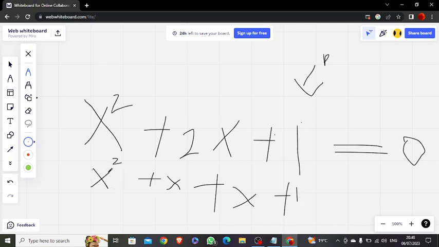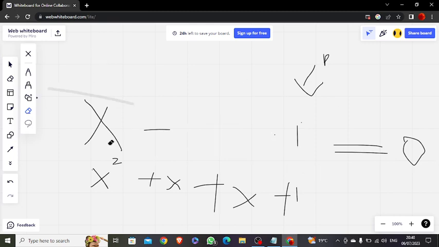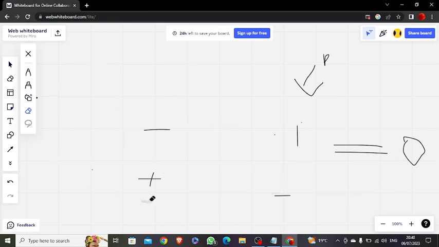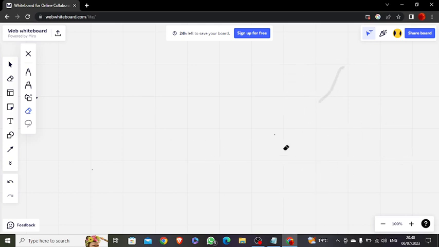Now for x squared plus x plus 1, I'm going to erase all this and put it over here.